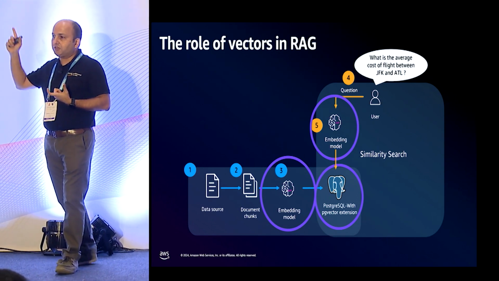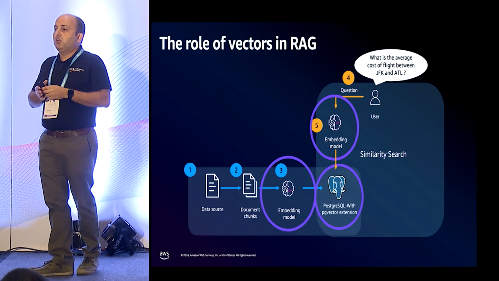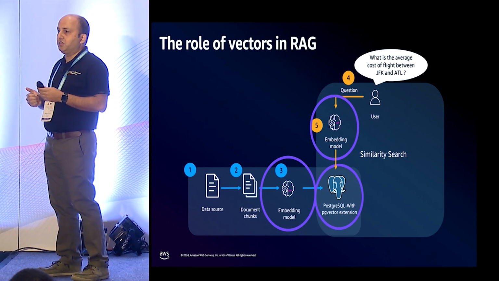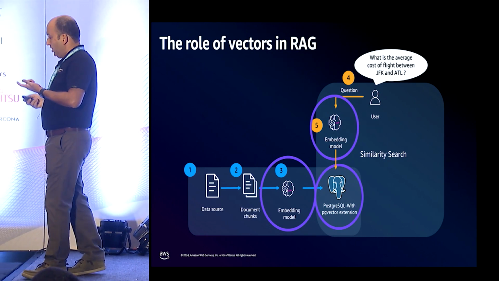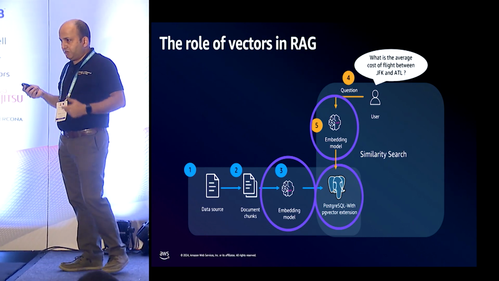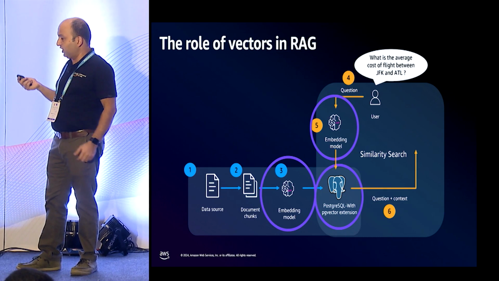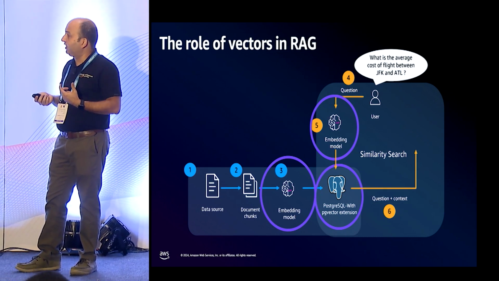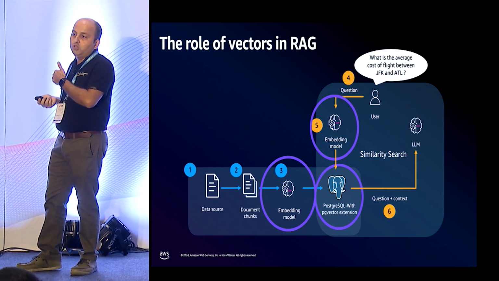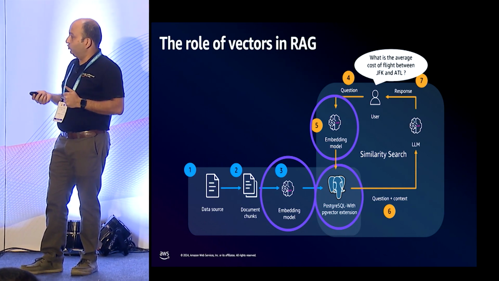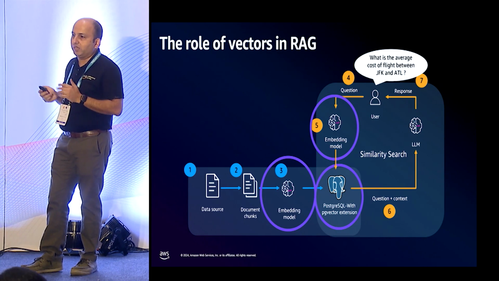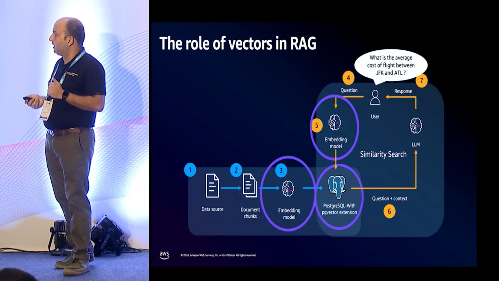This is where my distance operation will come into play, where it will check the Euclidean distance and find out the closest distance for that question vector. Now, finding the closest distance for that question vector, it will come up with the context and the question vector. Then that is passed to the LLM to generate the response. So this is how the complete picture will look when we are using any generative AI application.